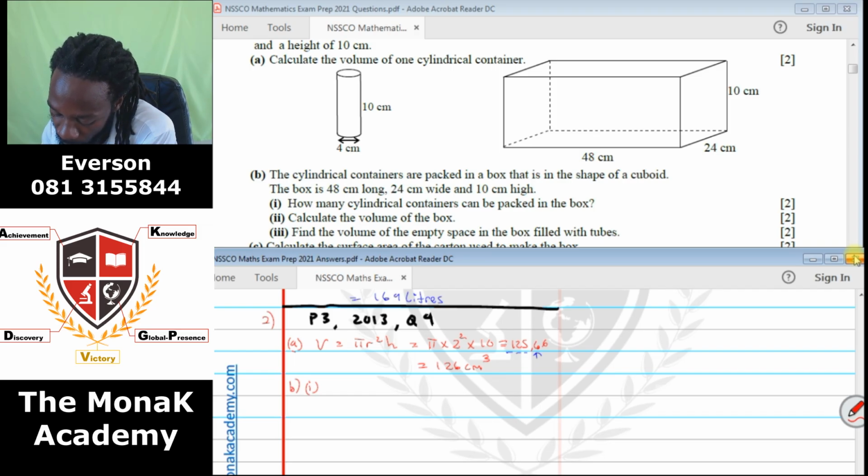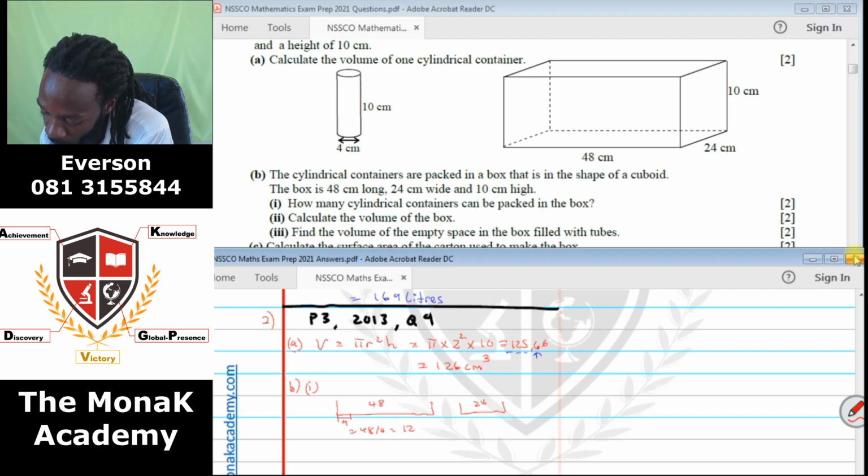So remember, the lengthwise is 48. We want to fit 4 centimeter thick items. How many can fit lengthwise? It will be 12. How about widthwise?